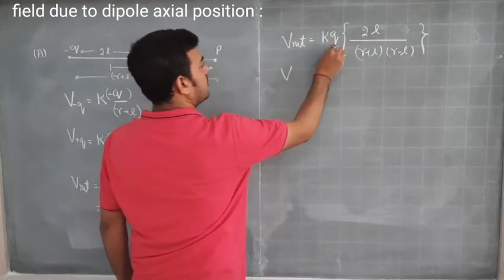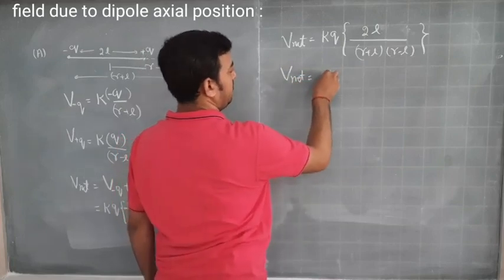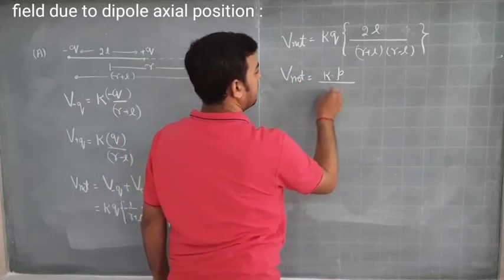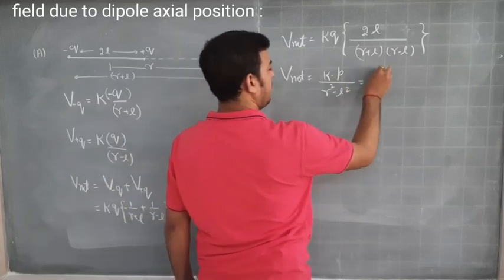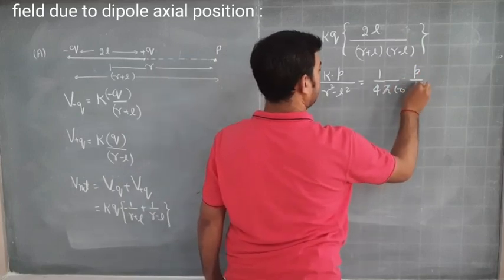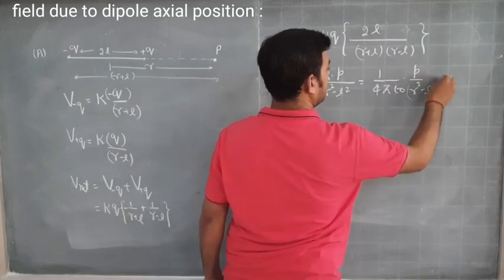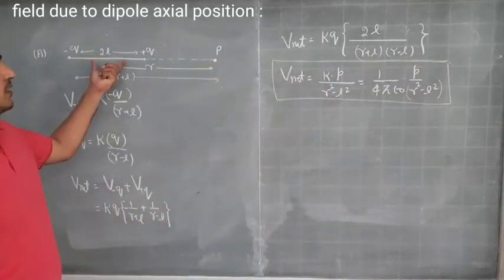So q into 2l is nothing but the electric dipole moment. I will write it as p, over r square minus l square. If I use the value of k, this is the net potential at this point due to the dipole.